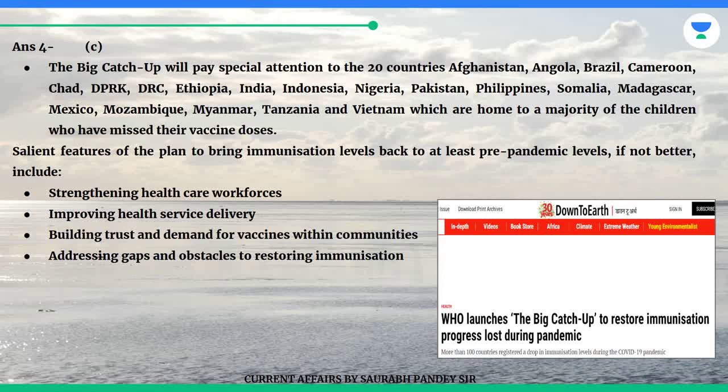Salient features of the plan to bring immunization levels back to at least pre-pandemic levels, if not better, include strengthening healthcare workforces, improving health service delivery, building trust and demand for vaccines within communities, addressing gaps and obstacles to restoring immunization.